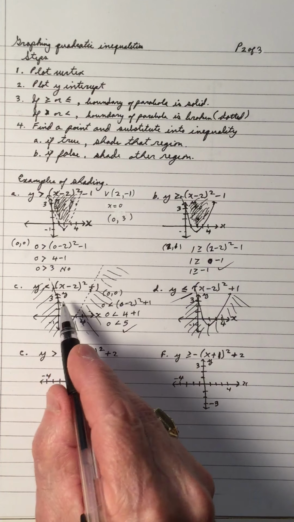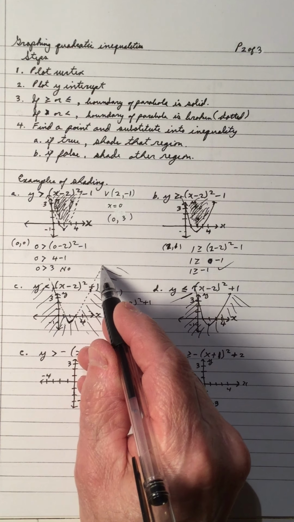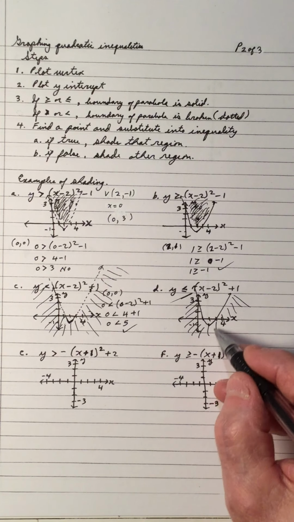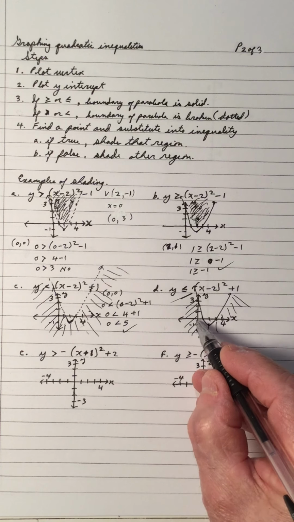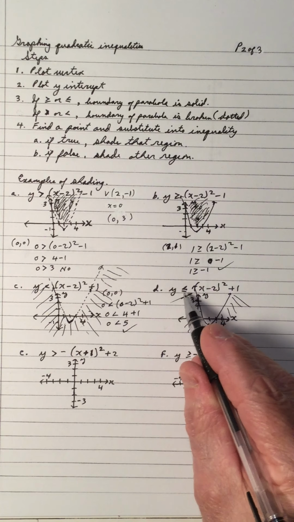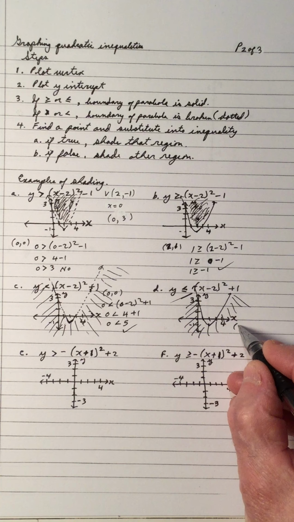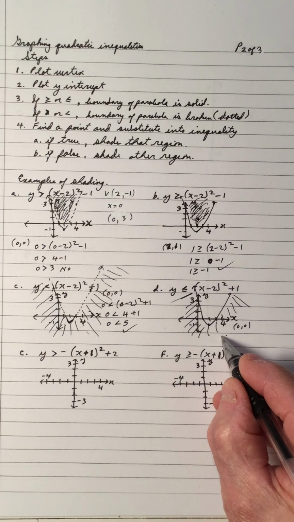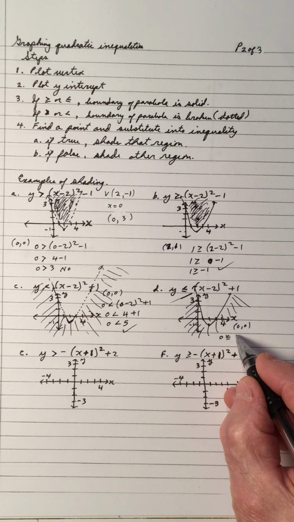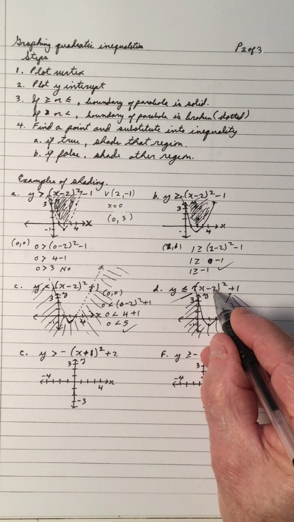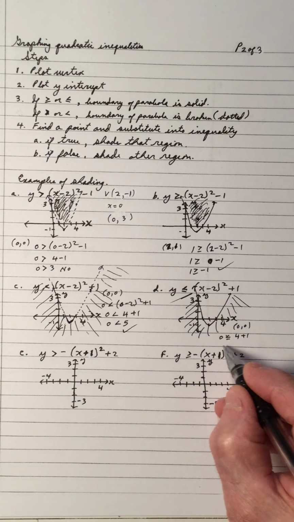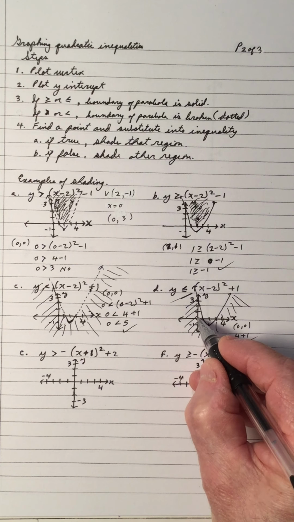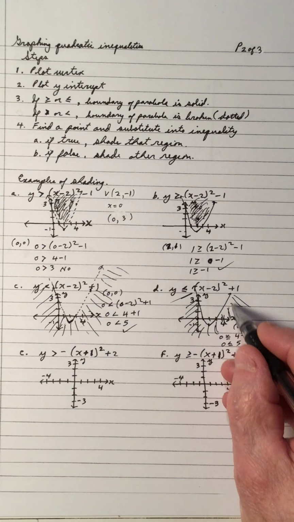So notice in the previous one the boundary line was broken, but it was still below. This boundary line is solid, shading below. Again, the point 0, 0 would make this inequality true. If we plug it in, you'll get 0 less than or equal to 4 plus 1, 0 less than or equal to 5, true. So this point 0, 0 makes it true, so that's why we're shading here.